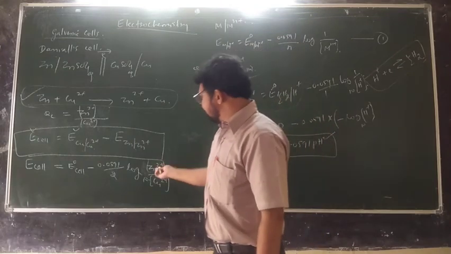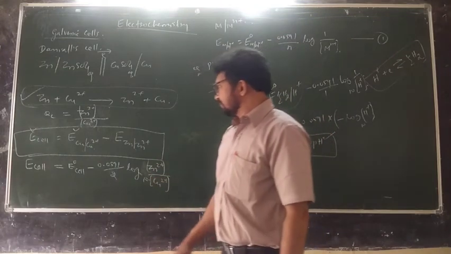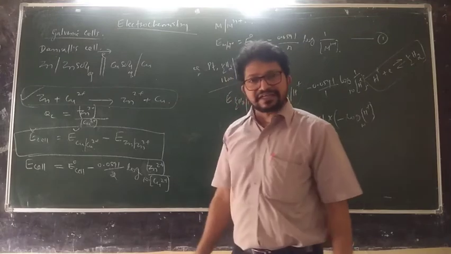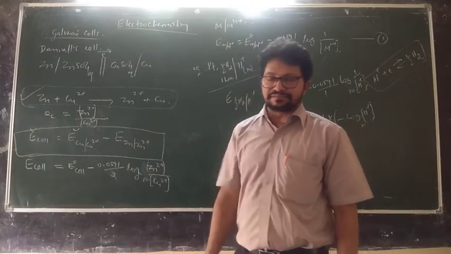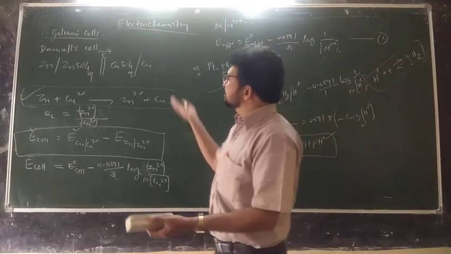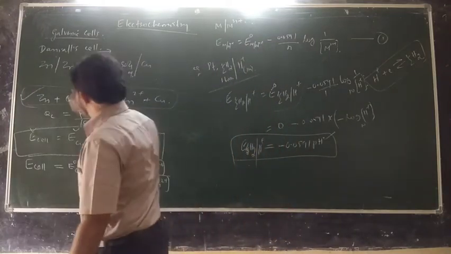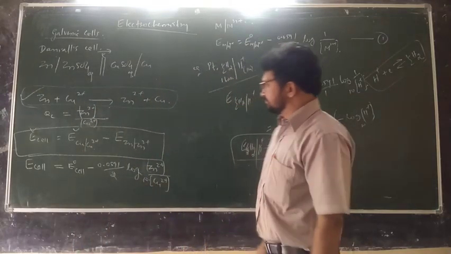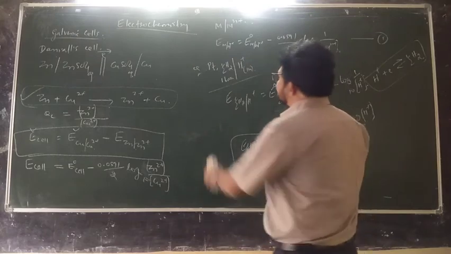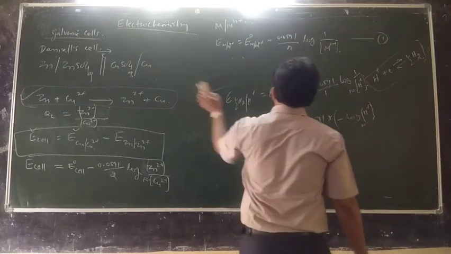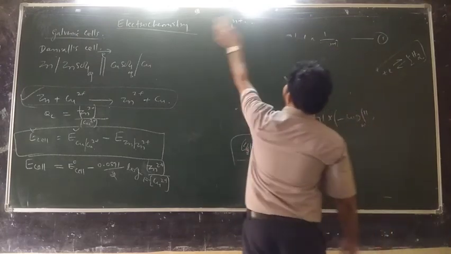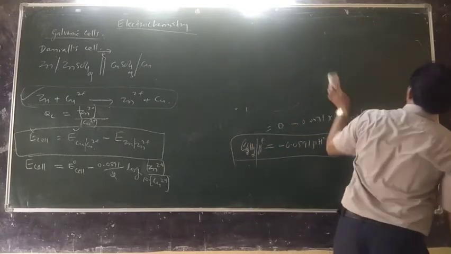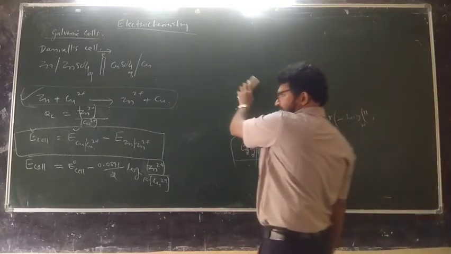So this is what will happen for the Nernst equation for calculating the EMF of the Daniell cell. Similarly, any other electrodes like this you can couple, and a similar equation you can write. For example, I will give you a cell reaction, and you write the Nernst equation.